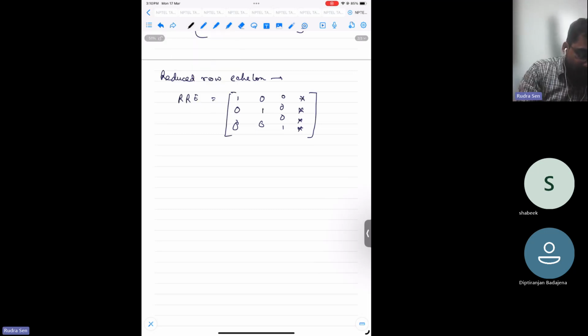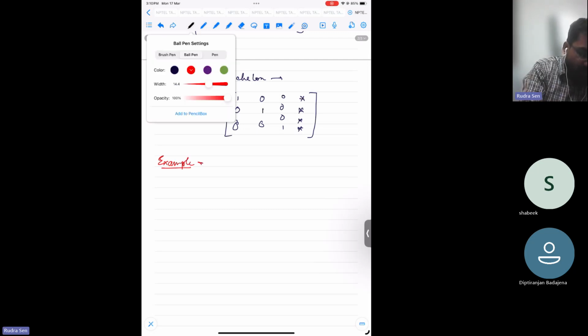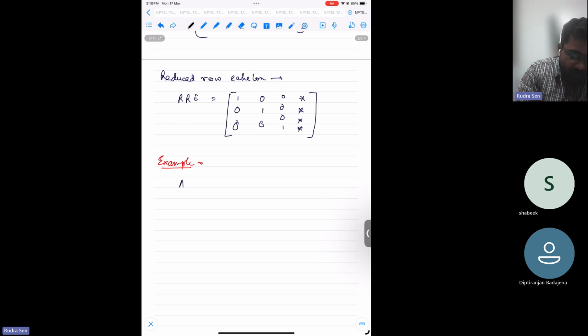So from here, let's see another example, and check whether the reduced row echelon form of this matrix gives an identity or not.